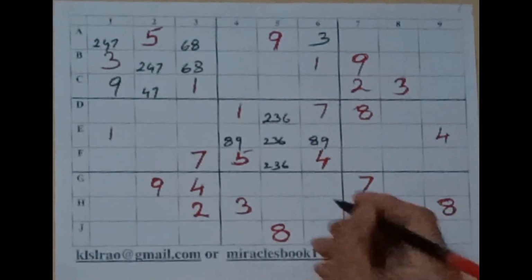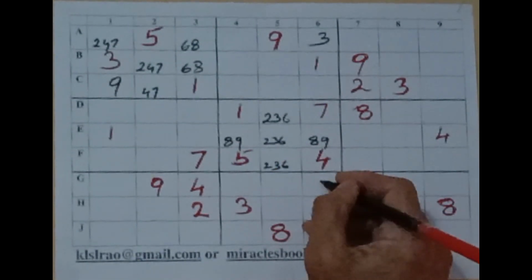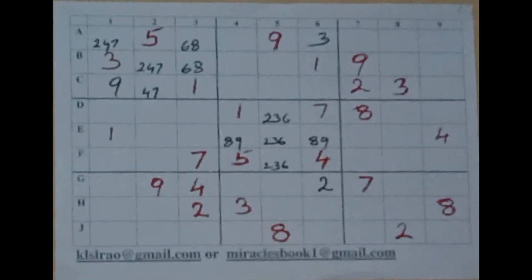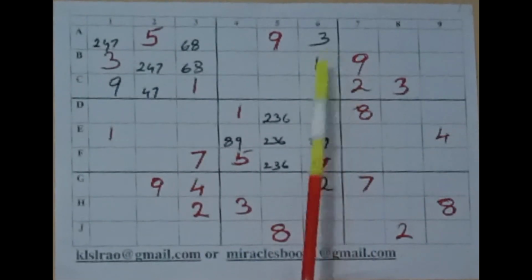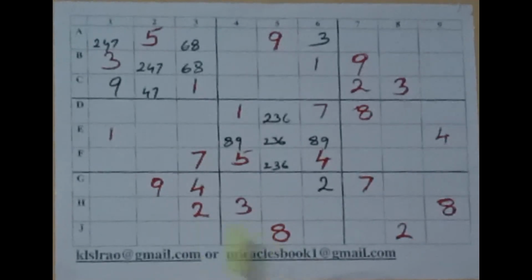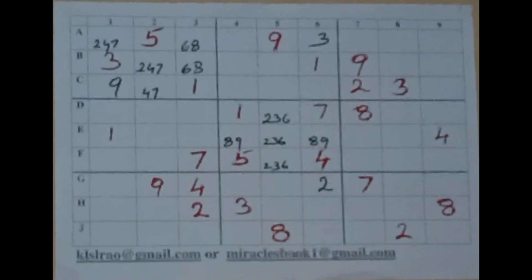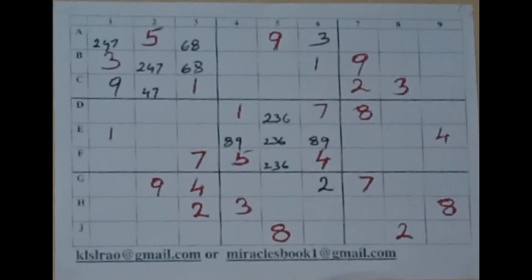That means the only place for number 2 in this column is here. Okay. And now, can we do something about the rest of these cells in this column? We have 1, 2, 3, 4, 5, 6, 8 and 9. 8 here, 8 here, 2 places for 8. 9 here. Okay, let's not do anything at the moment now.